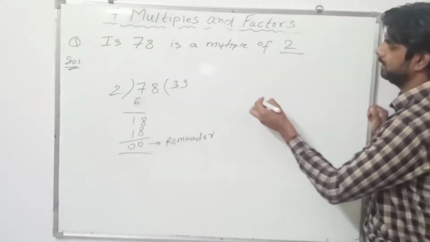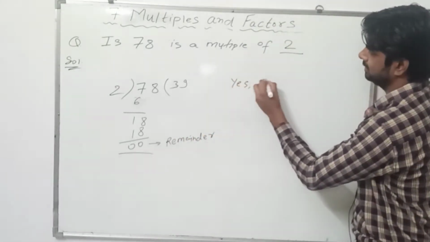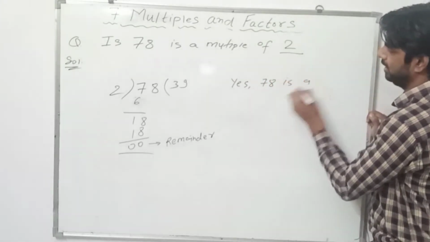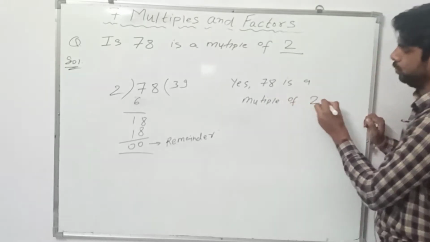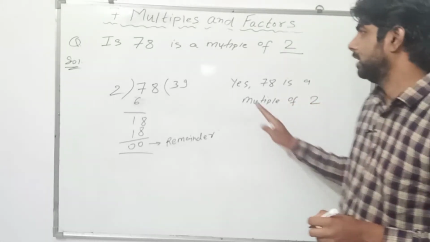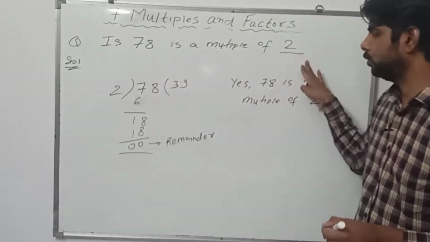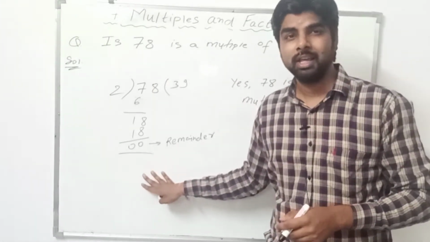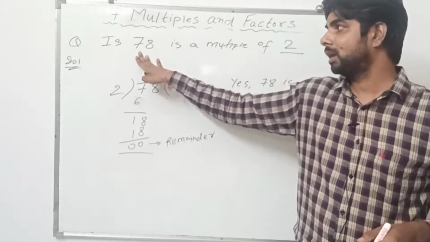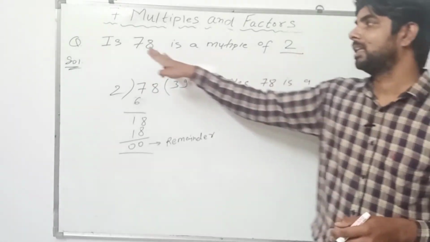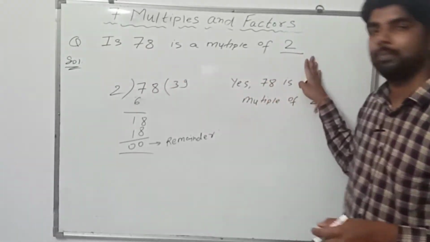So what will we write? Yes, 78 is a multiple of 2, because when we divide 78 by 2, we get 0 as our remainder. Whenever a number is exactly divisible by a number, that means that number is a multiple of that number.